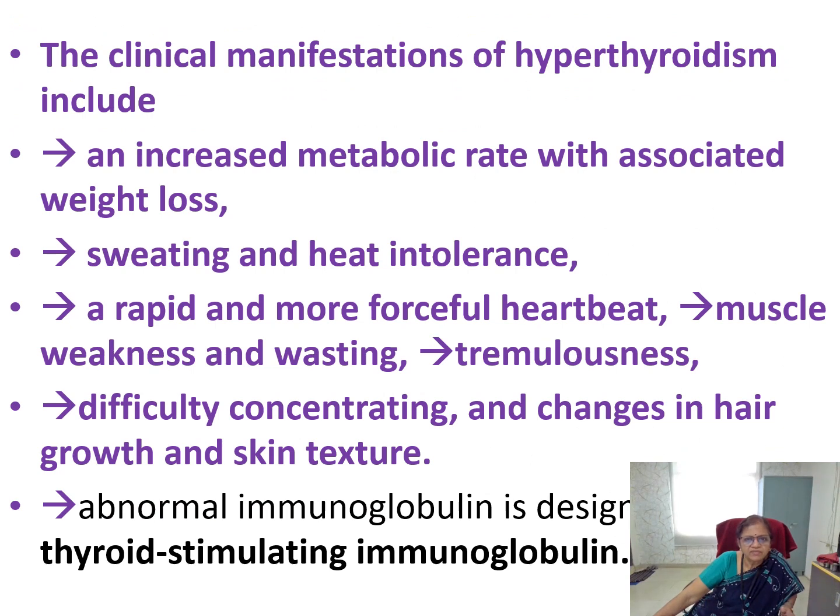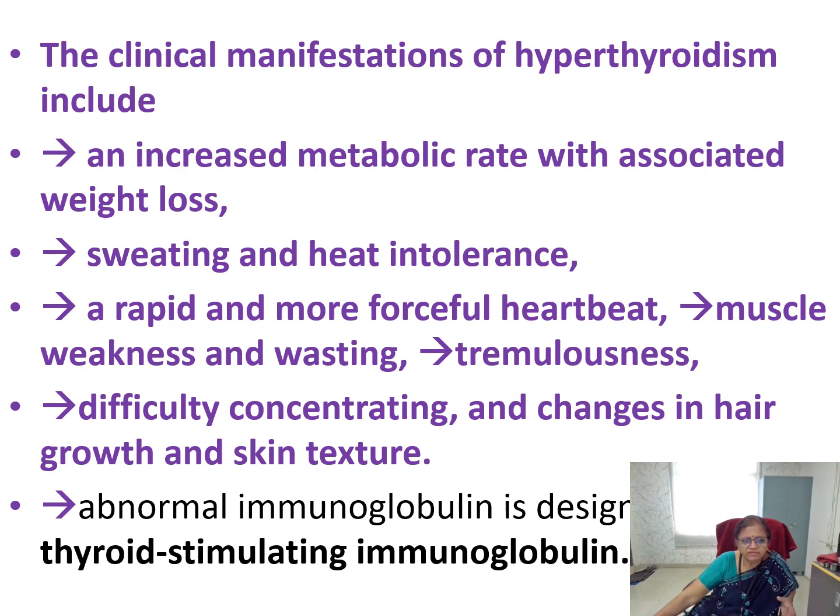So the clinical manifestations, other features seen, include increased metabolic rate, BMR increased, associated with weight loss, sweating and heat intolerance, rapid and more forcible heartbeat, tachycardia, muscle weakness and wasting, and tremulousness, meaning tremors.